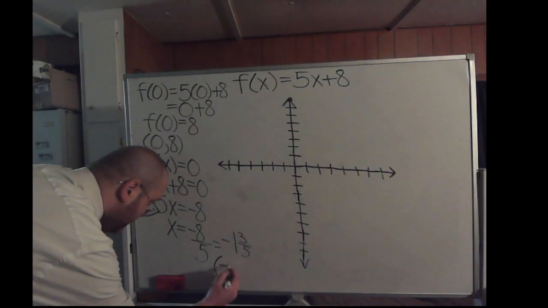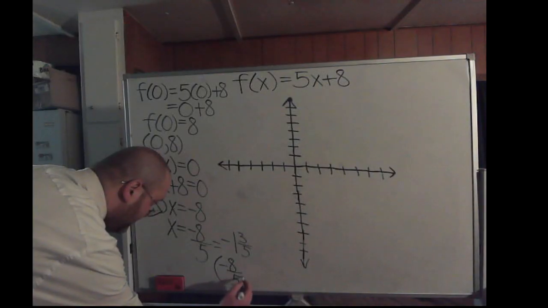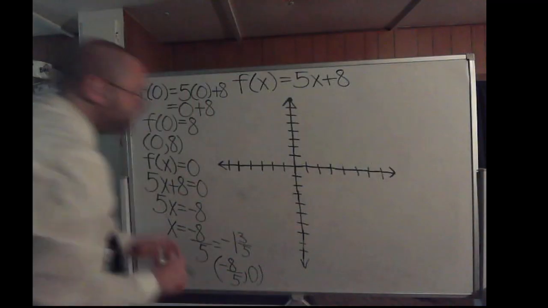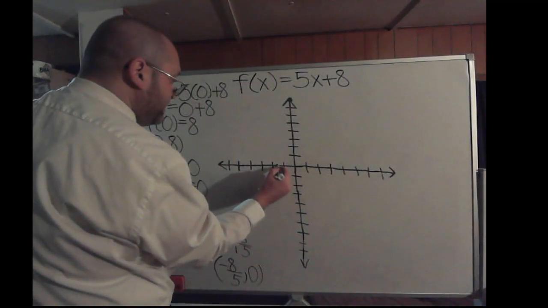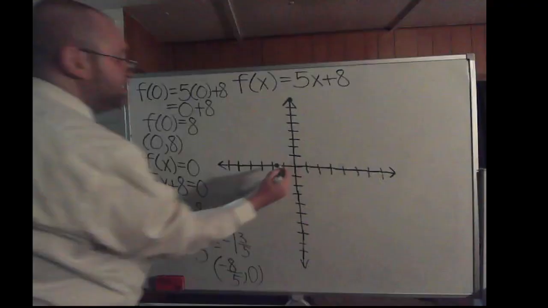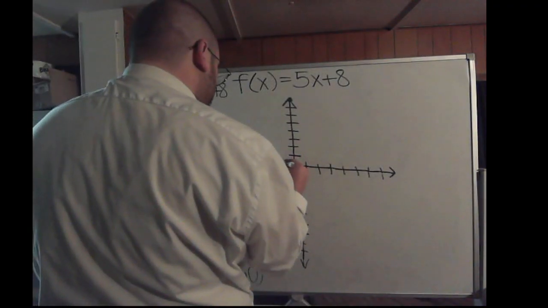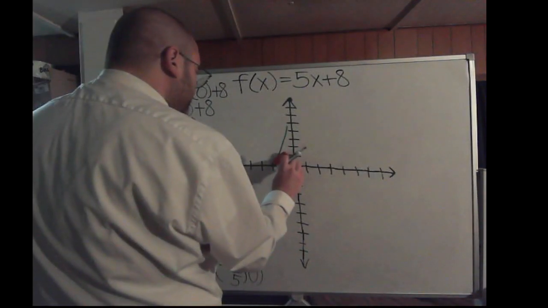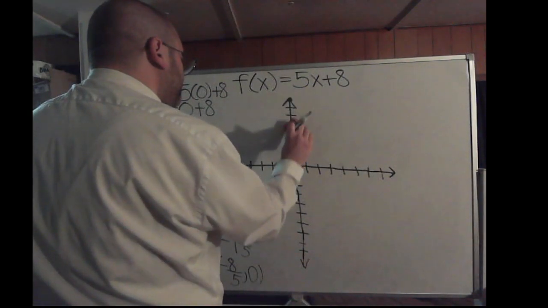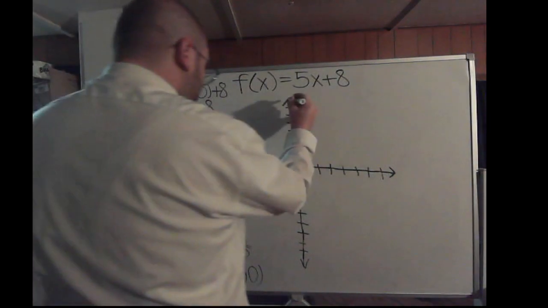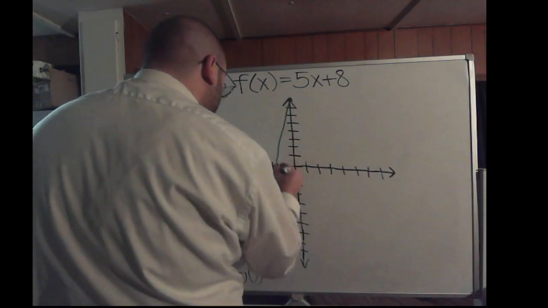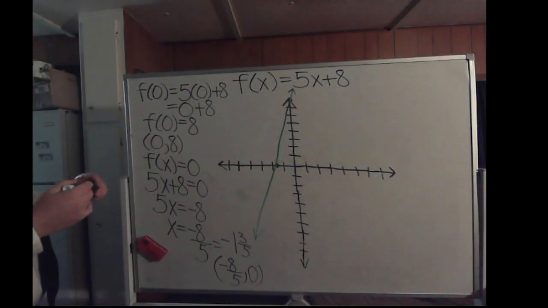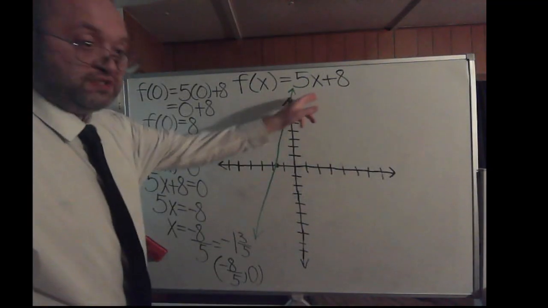So you get the point negative 8/5, 0 for your x-intercept, which is about negative 1 and 3/5, which would be roughly right there. So now we've drawn both intercepts, we can draw a line. That's going to be a tough one to draw from this angle. Actually, what if, hear me out, what if we did that? There we go. And there is the graph of f of x equals 5x plus 8.